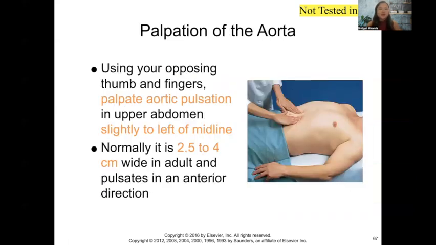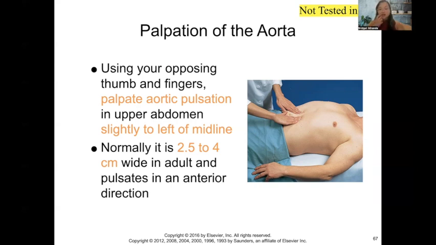I do want you to palpate the area of the aorta. You might not feel anything. You start just by palpating to see if you can feel the pulsation. If you do feel the pulsation, you want to just measure that pulsation area. It should be about 2.5 to 4 centimeters wide.